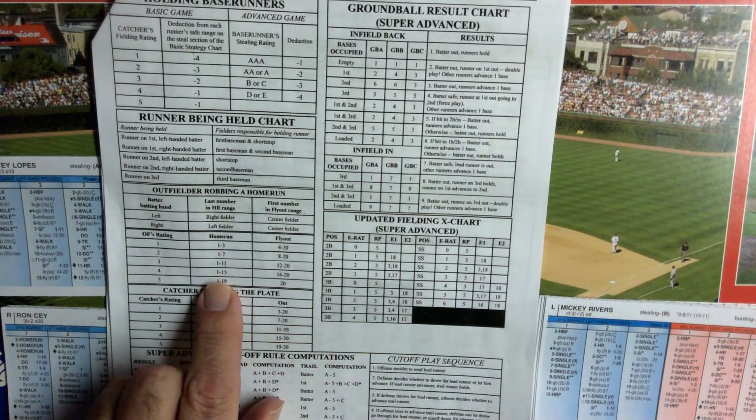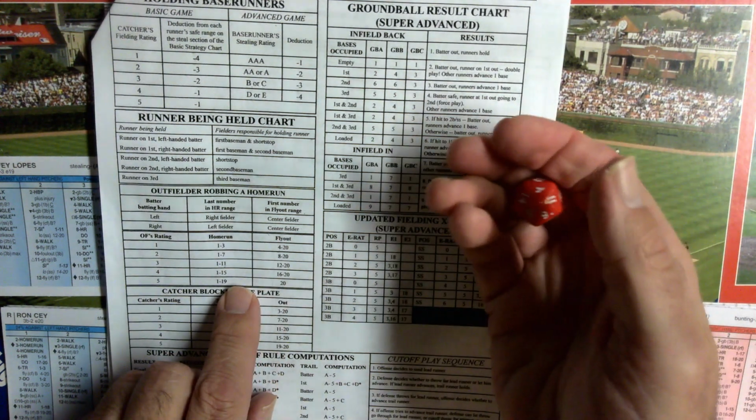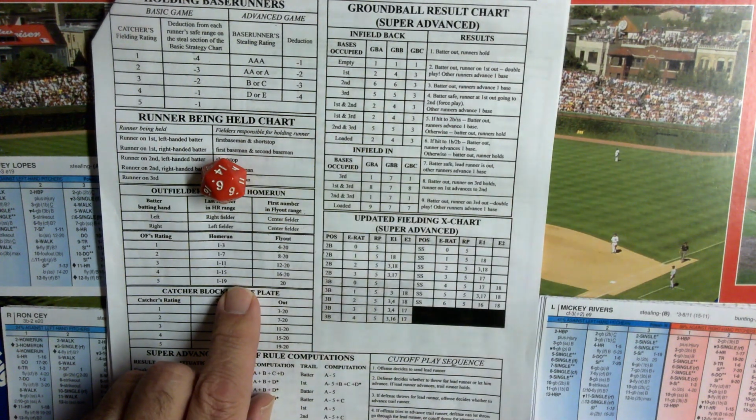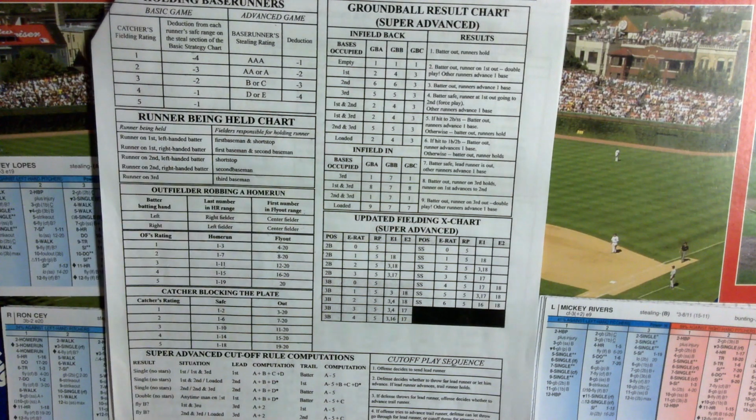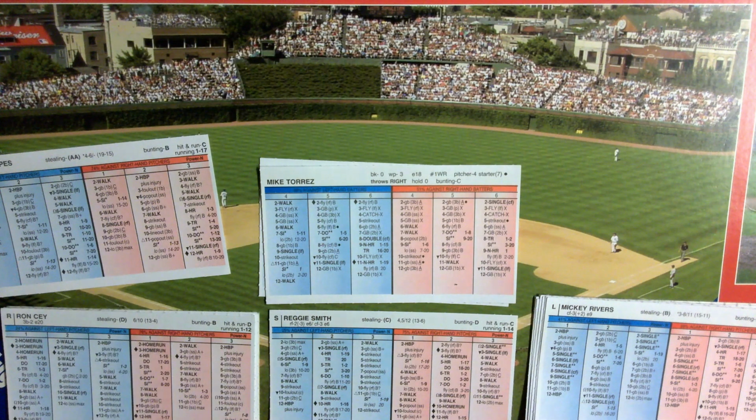So on a 1 through 15, it's going to be a home run. On a 16 through 20, it's not. So here we go. And that's a home run. So Reggie Smith has his 3rd home run of the series. That's a 2-run shot to give the Dodgers a 2-0 lead in the top of the 1st.